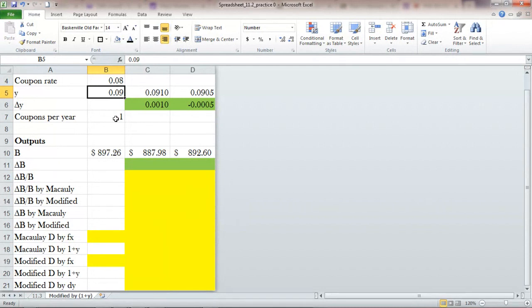It will be a discount bond. Yes, because the coupon rate is lower than the discount rate. Yield to maturity is basically the discount rate. That's the criteria for a premium bond and discount bond.